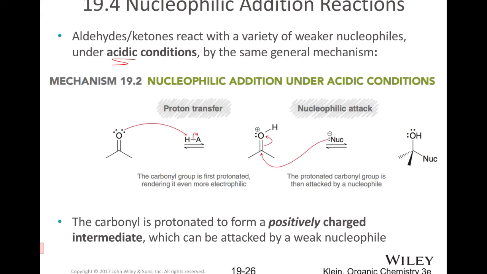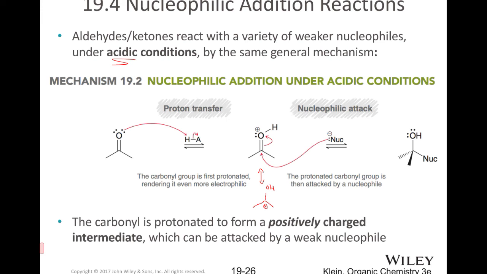Now we have a positive charge on our carbonyl, and you could probably all draw the resonance structure. I'm not going to draw the curved arrows. That shows you that that carbon is very electrophilic, even more electrophilic than the carbonyl we looked at in basic conditions. And so it's going to be open to nucleophilic attack by weaker nucleophiles.